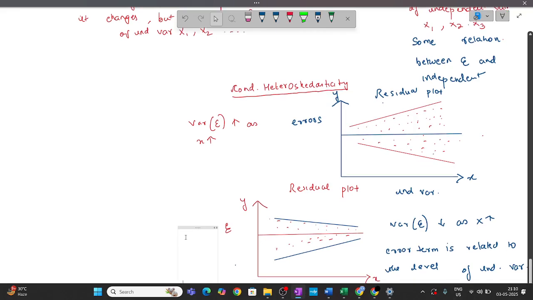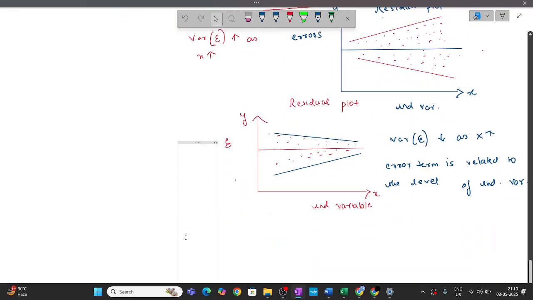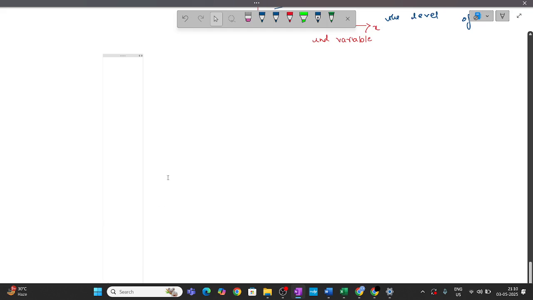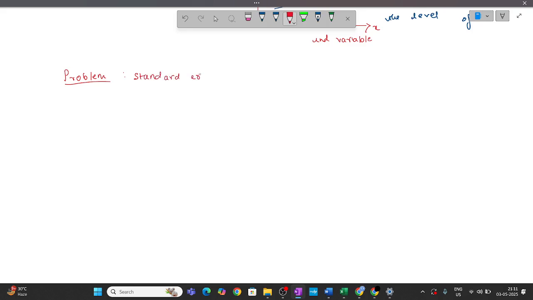Okay, so what problems does conditional heteroscedasticity create? Okay, so guys, remember standard error, that is my SB1 hat, is unreliable.